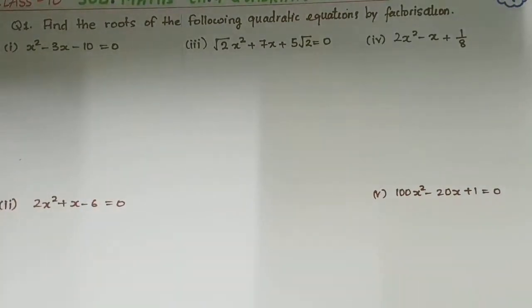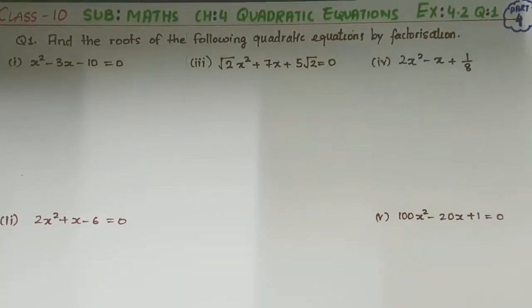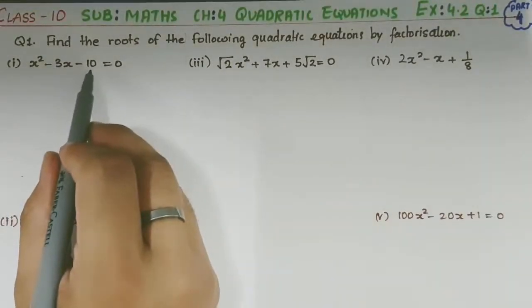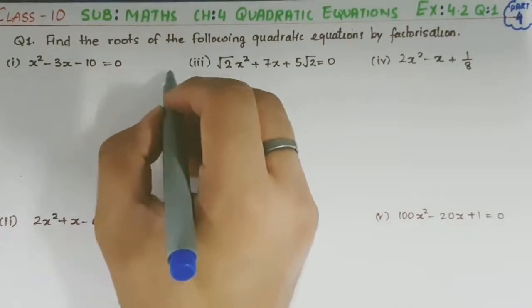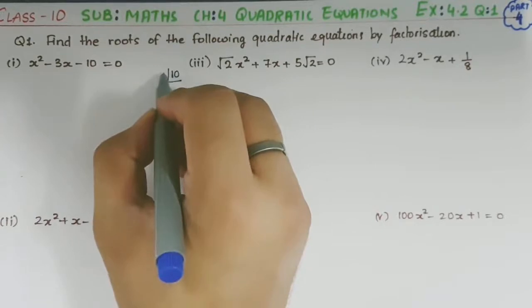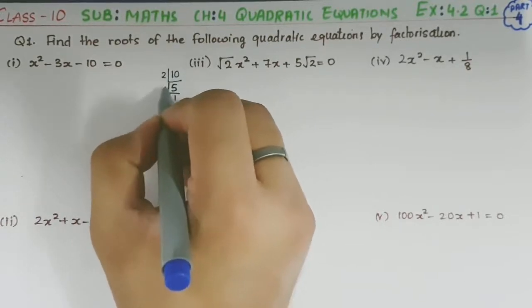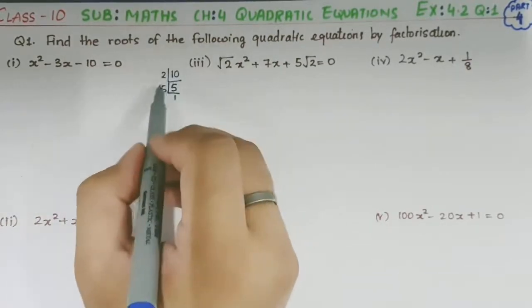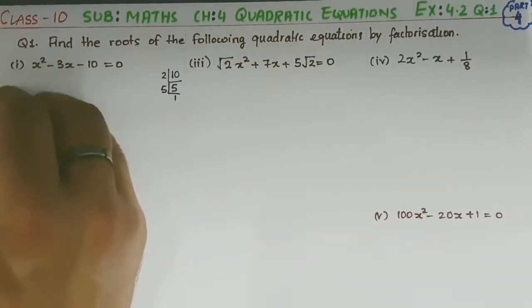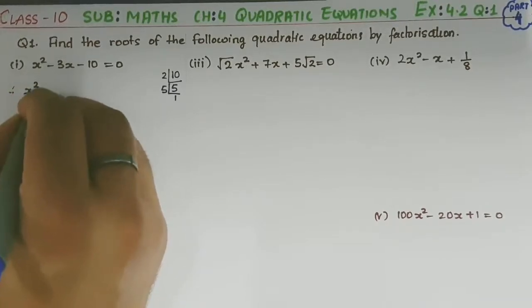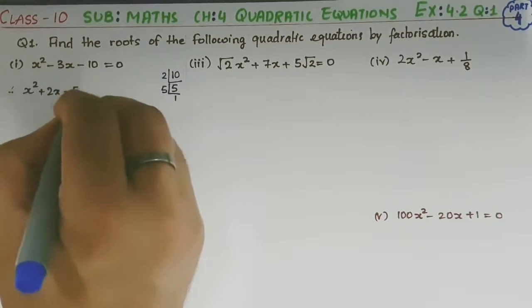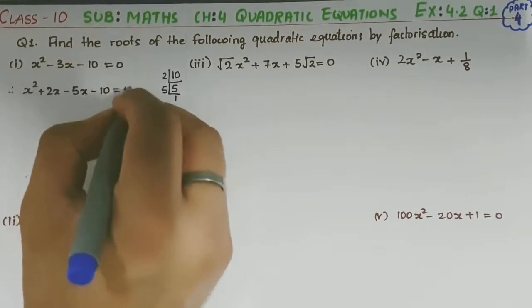Okay, so let us start solving the first question by factorization. As you can see over here it is 10, so 10 can be written as, if we do the prime factorization method, 2 and 5. Now we need to find a combination wherein we'll get minus 3x. Therefore x square plus 2x minus 5x minus 10 equals to 0.